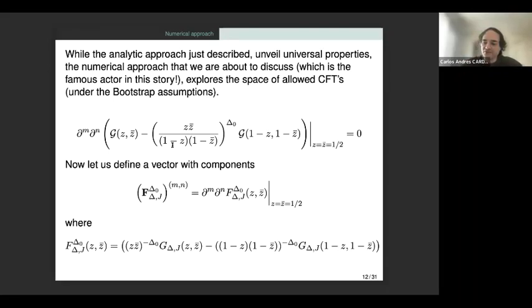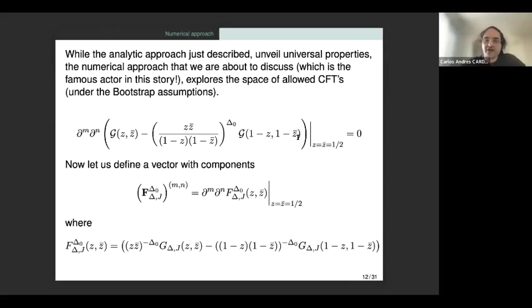I believe that's the monolith that Lucia was talking about this morning. Well, in that case they are not considering conformal field theories, but quantum field theories. But the approach is similar.